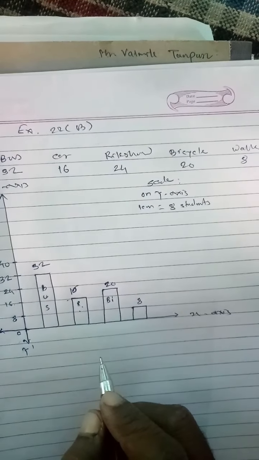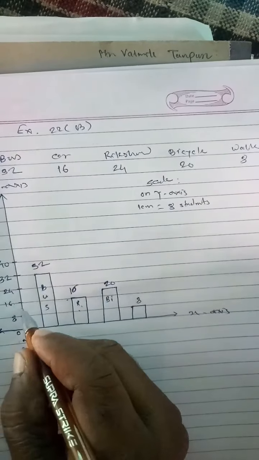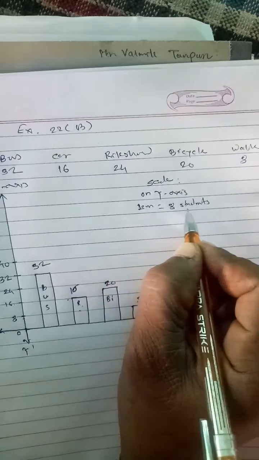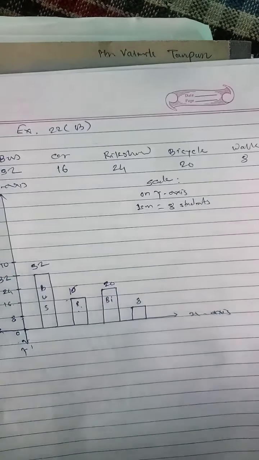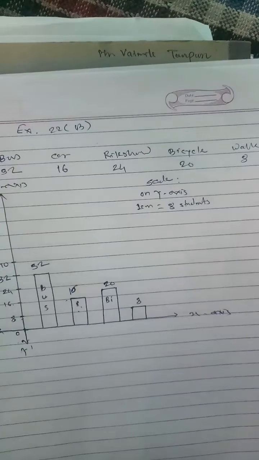That is the scale we have taken. If you have taken this distance as 2 centimeters, you will write 2 centimeters is equal to 8 students, whatever scale you have taken. So the scale is flexible. Got it now?